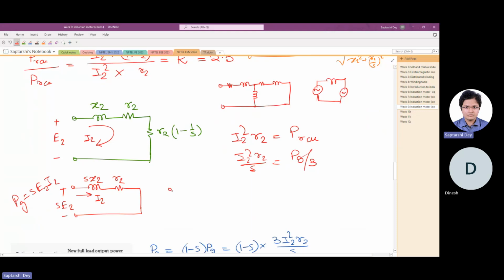And for the next case, how would we take care of the power? It is X2 R2. We take care of the changing power by this term. That is why this represents the developed mechanical power.